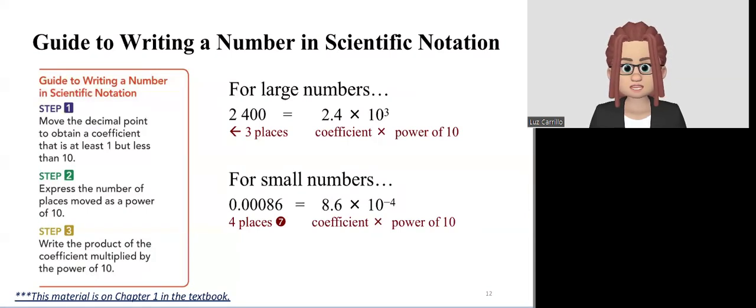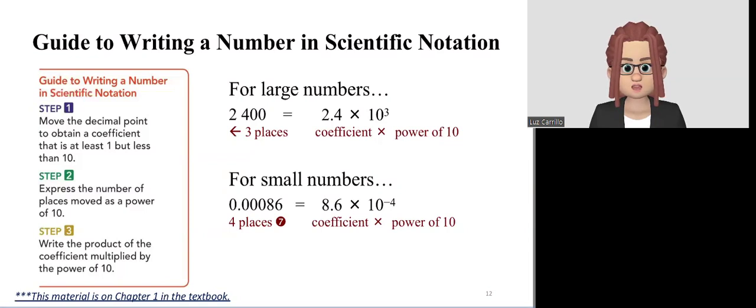You can see that on the left side of the slide, we have a guide in order to take a number in regular notation and convert it to scientific notation. You can see the different steps. I'm just going to generalize them and write them in order for you to observe how we obtain scientific notation for large numbers and scientific notation for small numbers.